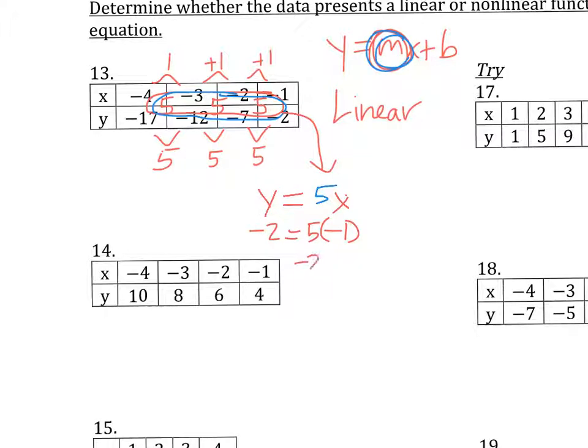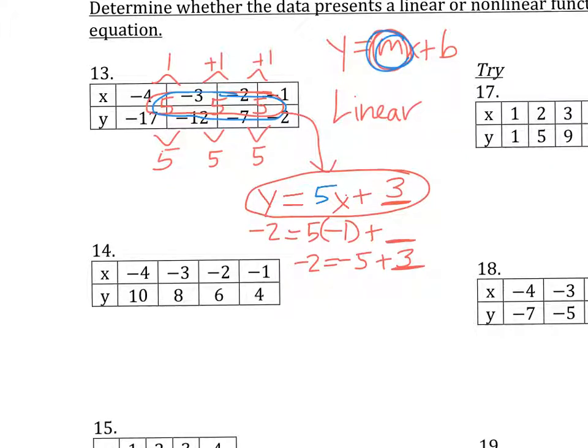Right now I have negative 2 equals negative 5. And then I'm going to have to add something over here, right? Because we have y equals mx plus b. So I'm trying to figure out what this number over here is going to be. So in order to make this true, negative 5 plus 3 would actually give me negative 2. So I bring that 3 up here, and now my equation is done.